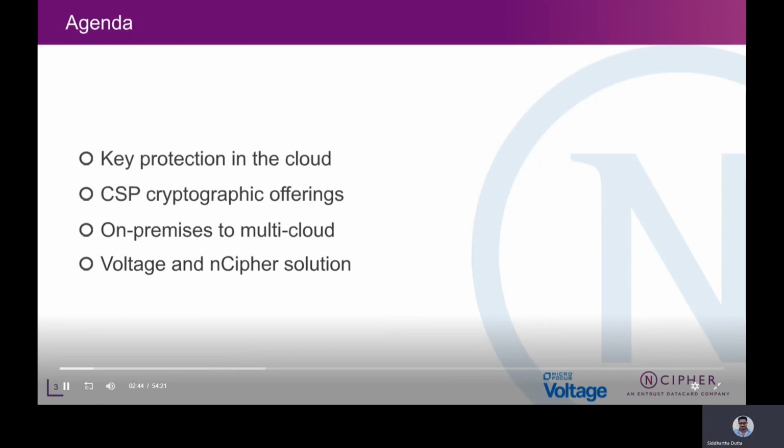With that groundwork, Sid will then examine what cloud service providers themselves are offering in terms of cryptography and key management services, and focus on how customers can take their encryption and key management from existing on-premise deployments to multi-cloud environments, leveraging the combined capabilities offered by Voltage Secure Data and nShield Hardware Security as a Service. So without further ado, I'm going to hand it over to Sander to get us started.